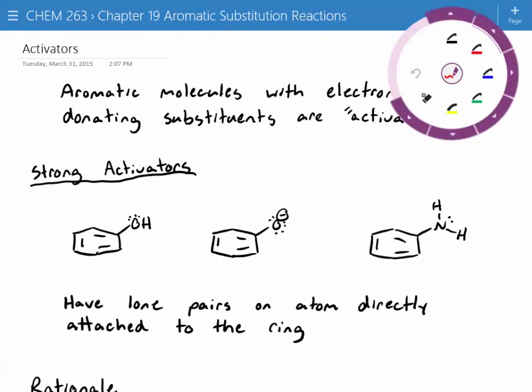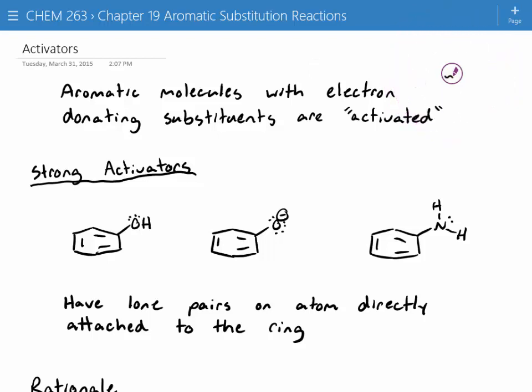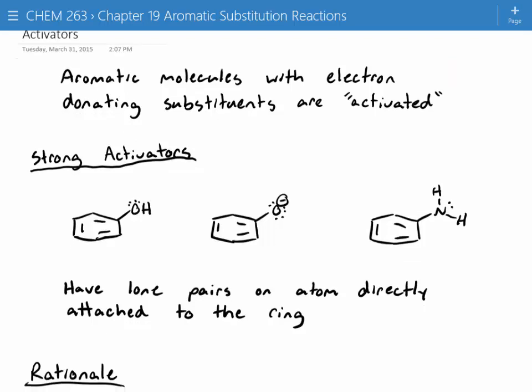And I actually want to go back and make a slight correction to what I was talking about yesterday. Yesterday we said that aromatic molecules with electron-donating substituents are activated, right? That means that electrons are being dumped into the ring, which makes the benzene a better nucleophile than it otherwise would be. And we said that examples of strong activators would be phenol, phenoxide, or amines, because they have lone pairs on the atom that's directly attached to the ring.